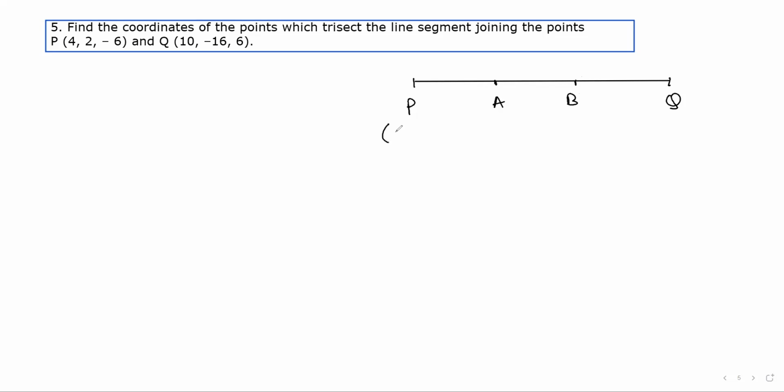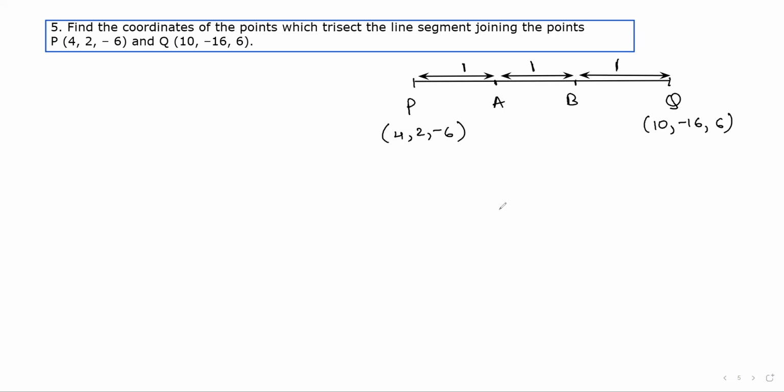Coordinates of points P and Q are mentioned: (4, 2, minus 6) and (10, minus 16, 6). When they trisect the segment, we can say that these three distances will be in the ratio 1 is to 1 is to 1. Let's consider these one at a time.